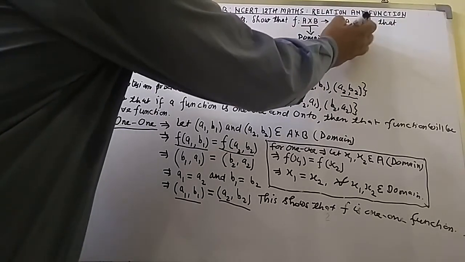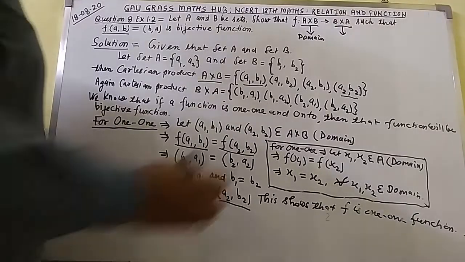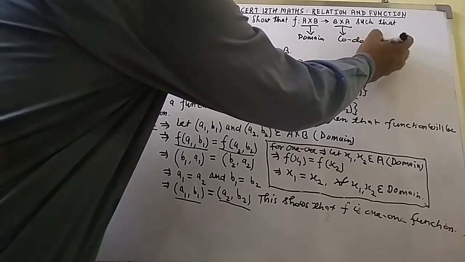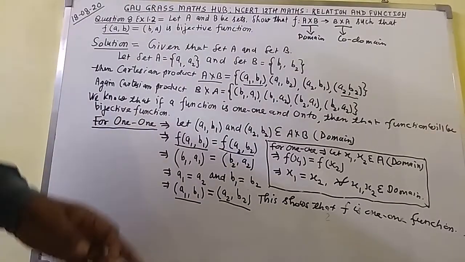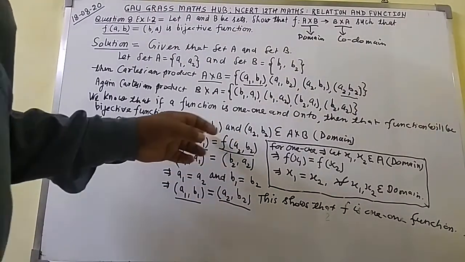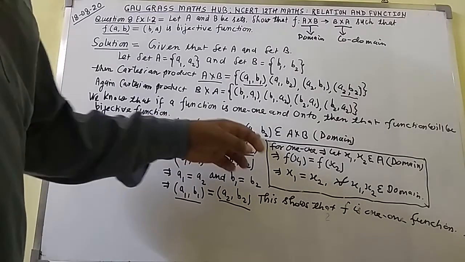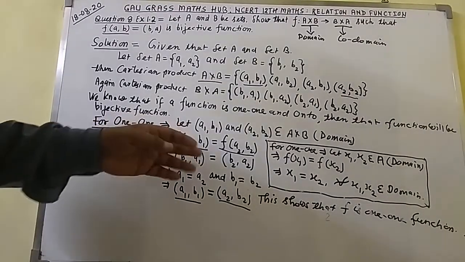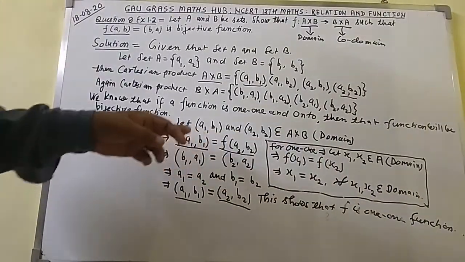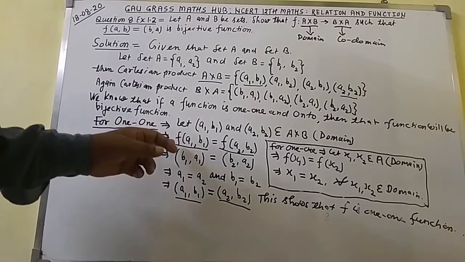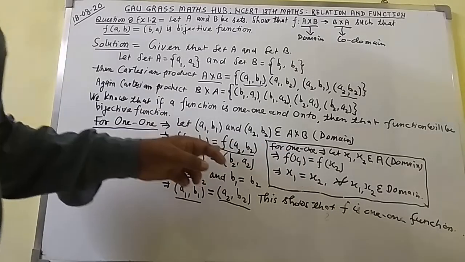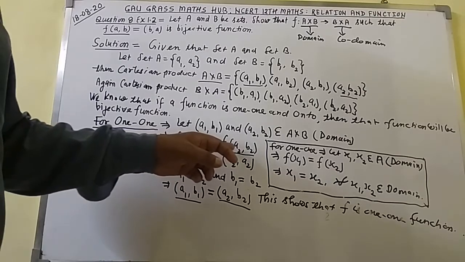Here you can see B cross A, that is the codomain. That's why I have written here a1 b1 and ordered pair a2 b2 belong to Cartesian product A cross B, that is domain. On that basis, in place of x1, I have written a1 b1. f of x1, that is f of a1 b1, equal to f of x2, that is f of a2 b2.